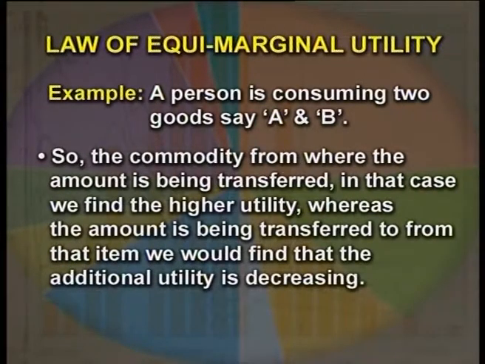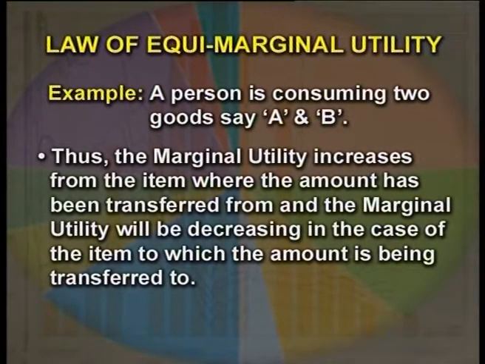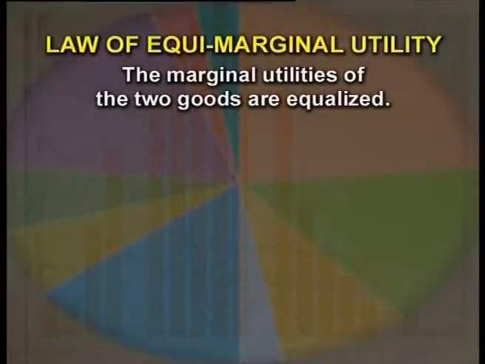So marginal utility increases for the item from which the amount has been transferred, and marginal utility decreases for the item to which the amount is being transferred, and thereby at some point you would find that the marginal utilities of the two goods are equalized.